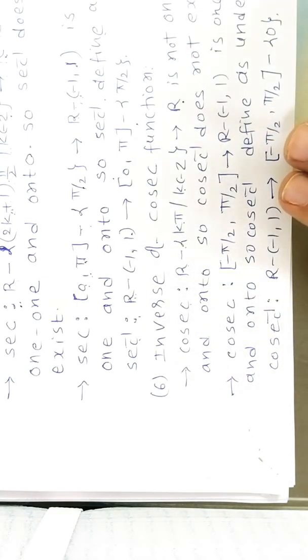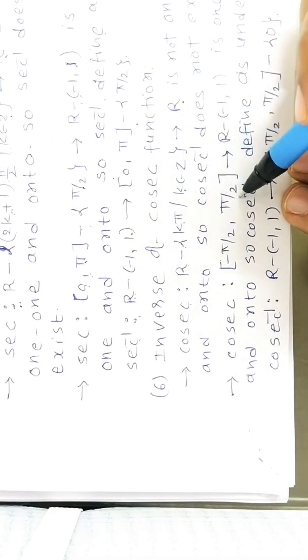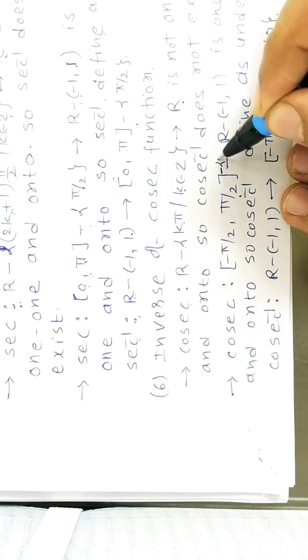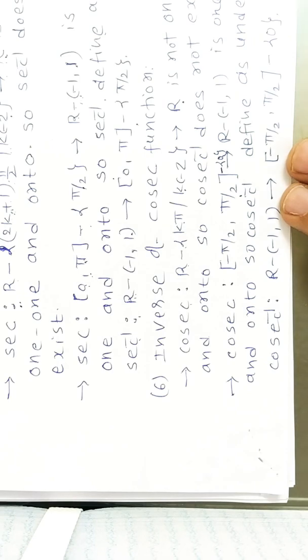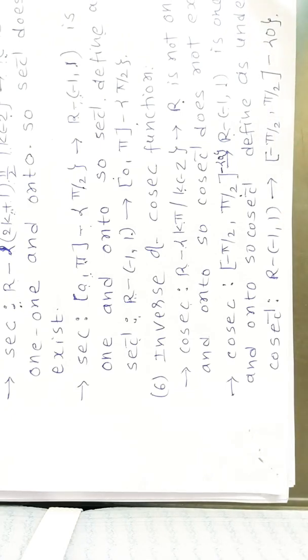If we want to find the inverse of cosec function, we have to restrict its domain, and the new domain is minus pi by 2 to plus pi by 2 minus 0, and codomain is R minus (minus 1 to plus 1). So this function becomes one-one and onto on their new domains.